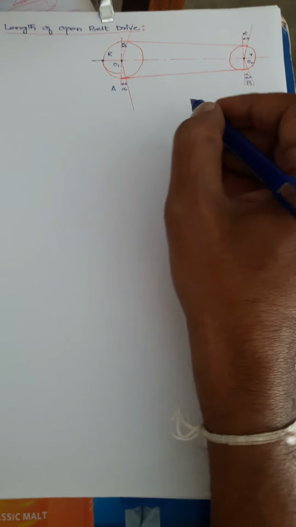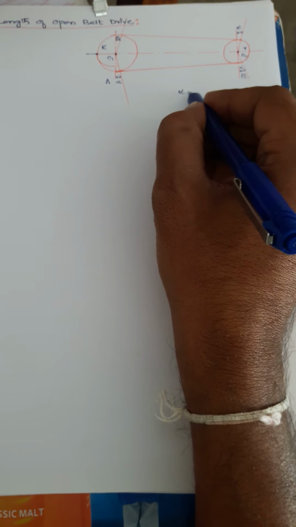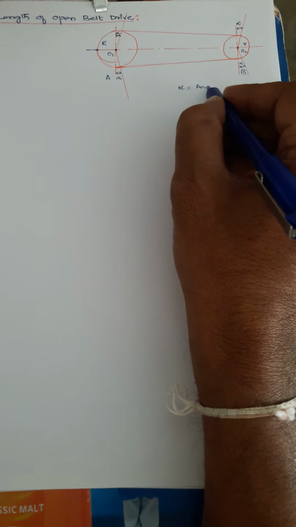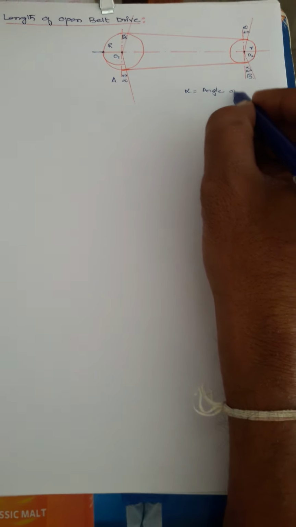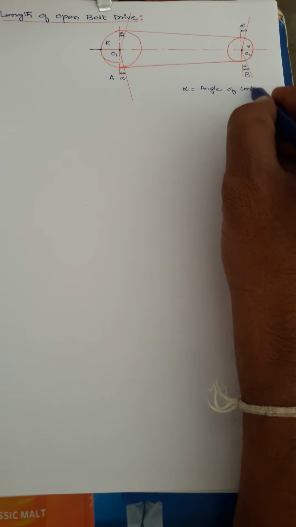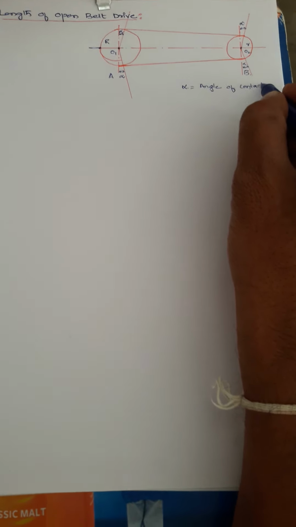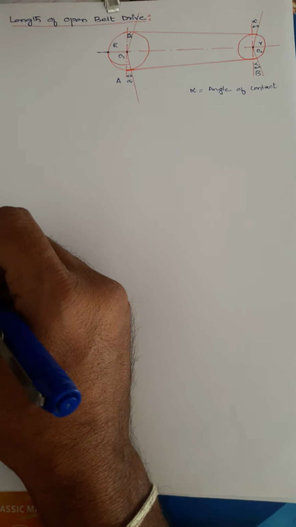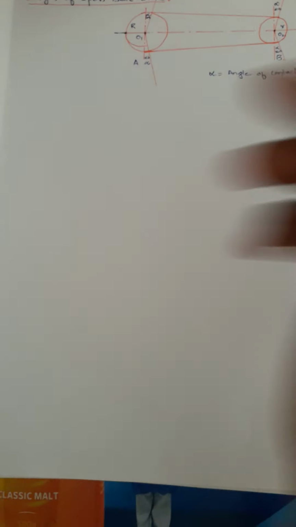This alpha is known as the angle of contact between the belt and the pulley.